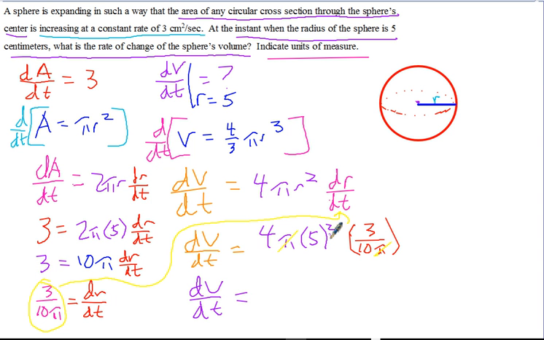Well, 5 squared is 25, times 4 is 100, times 3 is 300, divided by 10 is 30. And the units for volume, since area is in centimeters squared, would be centimeters cubed. And since time is in seconds, it would be per second.